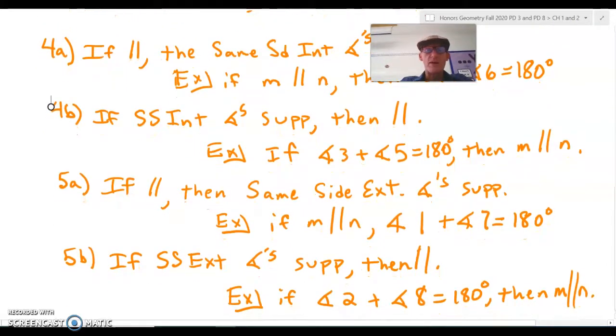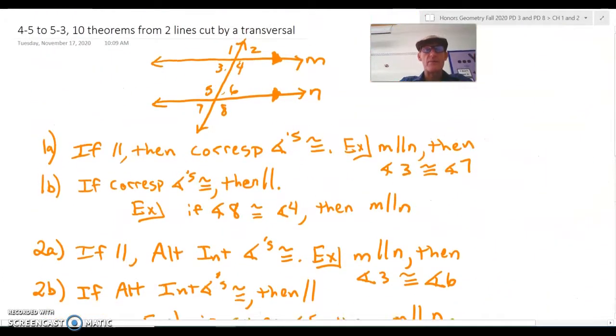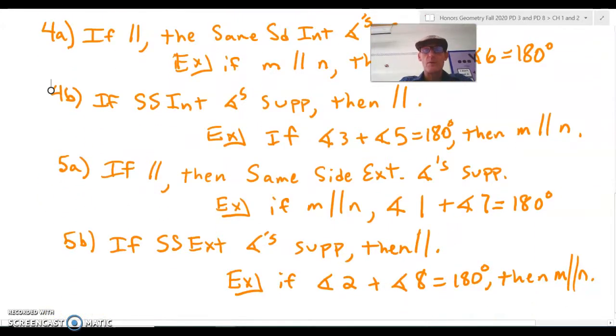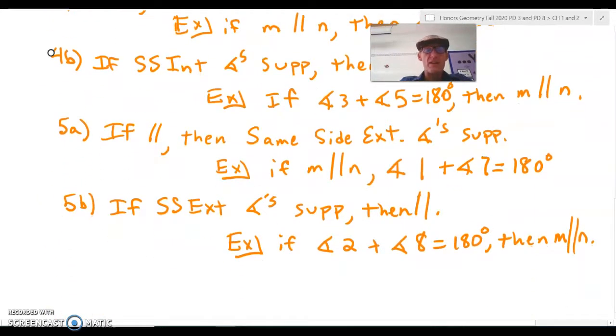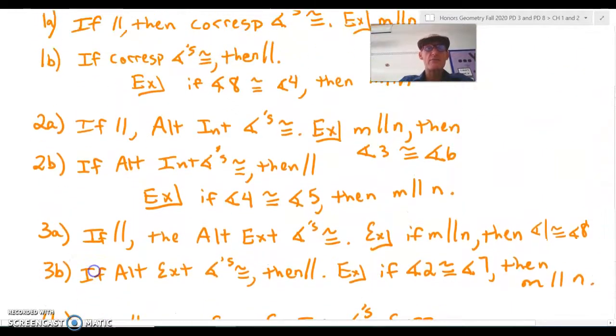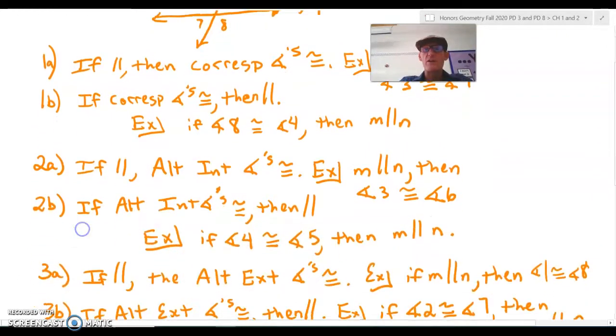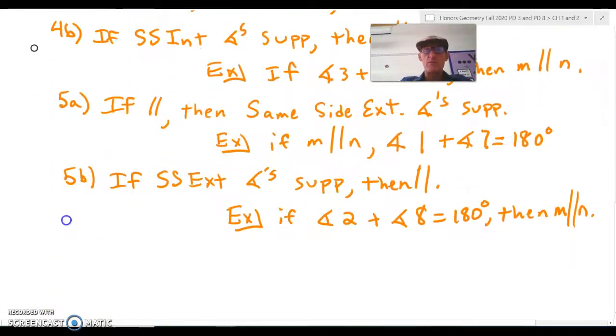So if M is parallel to N, then angle 1 plus angle 7 is equal to 180. Number 5B, if the same side exterior angles are supplementary, then the two lines are parallel. For example, if angle 2 plus angle 8 are supplementary, then the lines are parallel.